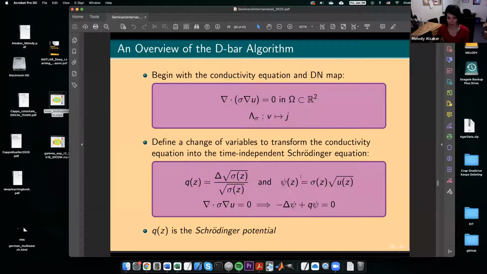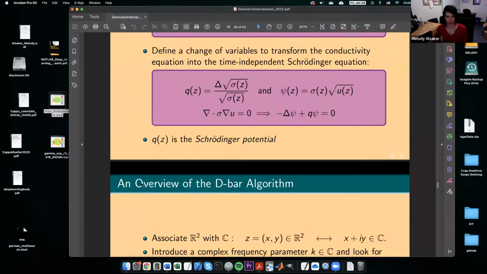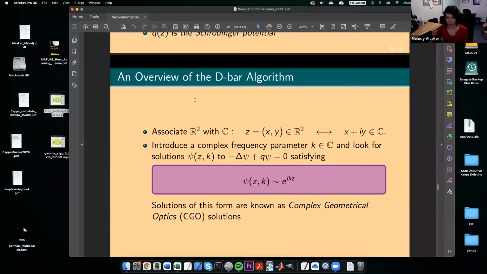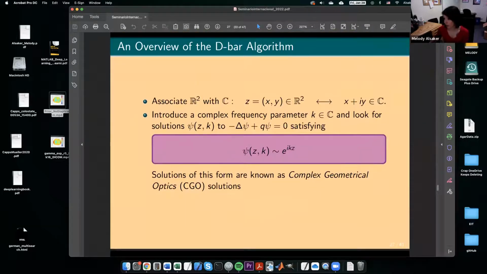And this Q here, defined under the change of variables, we call the Schrodinger potential. So I'll refer to that. And the solution to the Schrodinger equation is this function psi. And then we associate the real spatial domain with the complex plane, so that points in R2 are associated to points in C. We introduce a complex frequency parameter k.